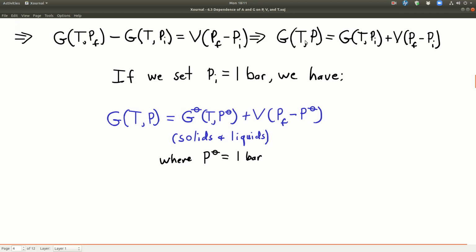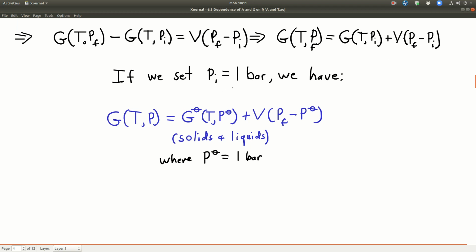The Gibbs energy at some final pressure is equal to the Gibbs energy at the initial pressure. Usually this one here is whatever we look up in the tables, 1 bar, plus V times the final minus the initial pressures.